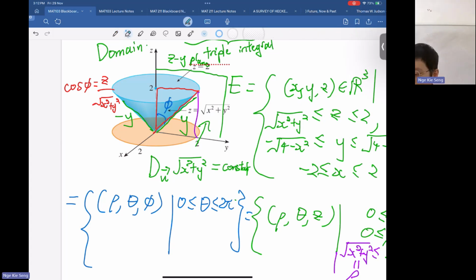You have a rho also, can you change your variable? Okay, you also can change your variable, sure. Then what? Everyone has to think. How to find phi?